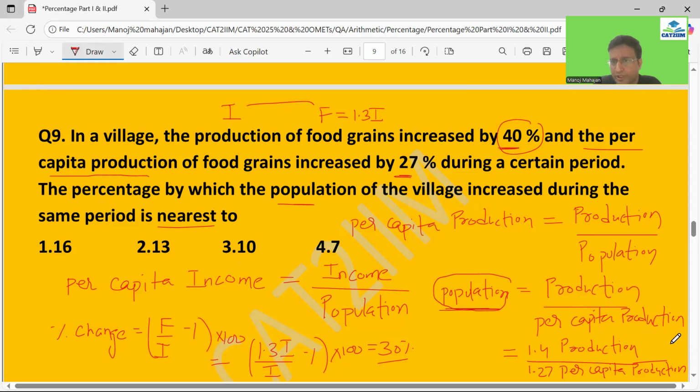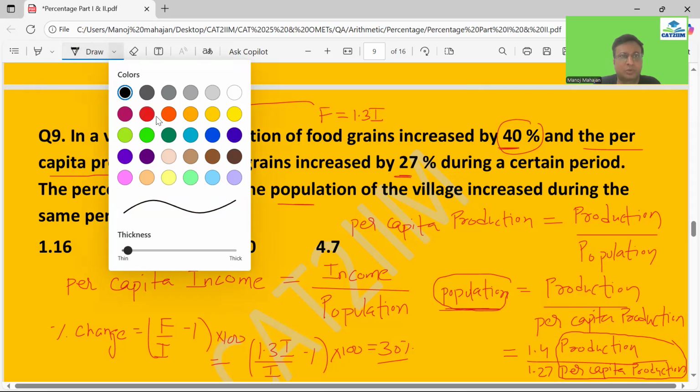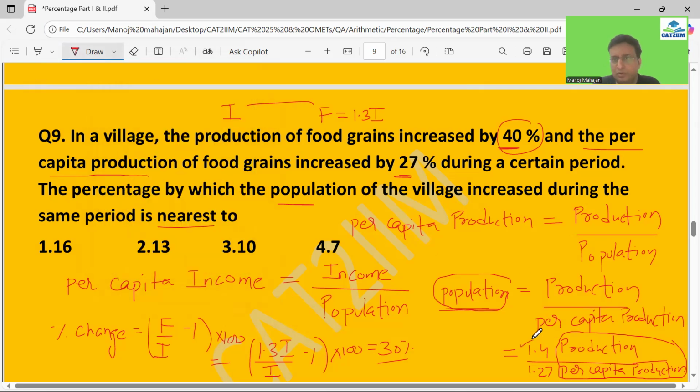If this is the initial population, we just need to look at the multiplying factor here. So what I have is 1.4 divided by 1.27. So let's calculate this. I'm pretty sure that once you do the calculation of the multiplying factor, you can get the percentage change. So 1.4 divided by 1.27, and we have to just get the approximate value.